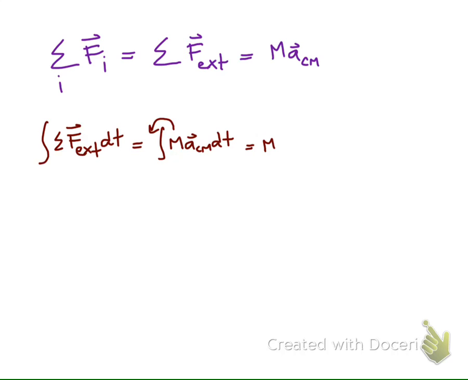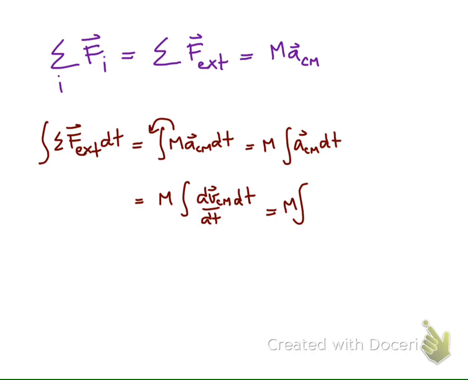So this is m times the integral of a_cm dt. But from the definition, this is m times dv_cm/dt times dt. So this is equal to m times the integral of dv_cm, which equals m times delta v_cm.